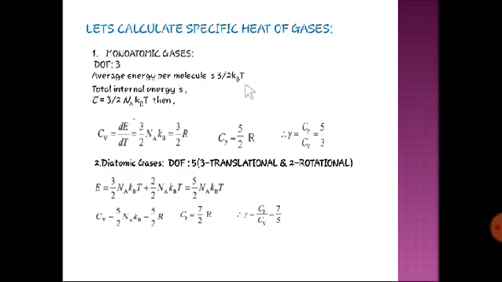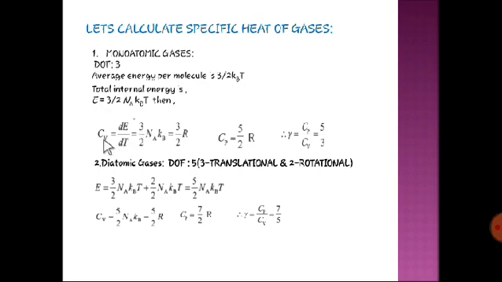We have seen in the equipartition law, and it has 3 translational energies, so it is 3 into half of kBT, so it will be 3 by 2 kBT. So the total internal energy per mole will be E is equal to 3 by 2 NA kBT, because we are considering a mole. Here NA is Avogadro's number.